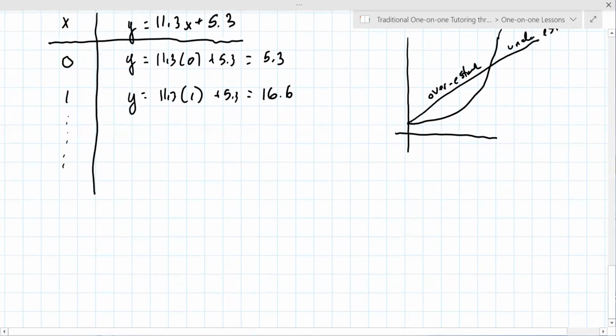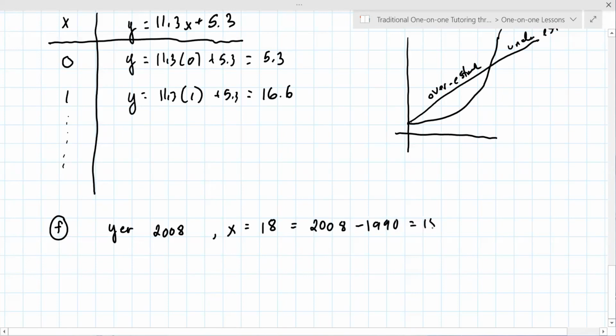All right, now part F. Part F is actually kind of what we're doing here in this table. It's saying the year is 2008. That is the X value of 18. That's because 2008 minus 1990 is 18. So you're subtracting the base year. Okay.